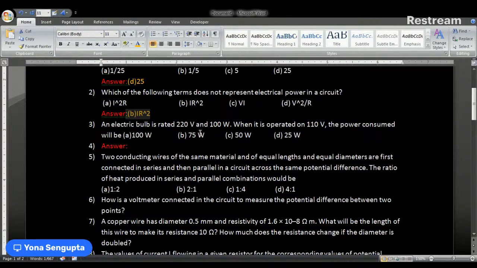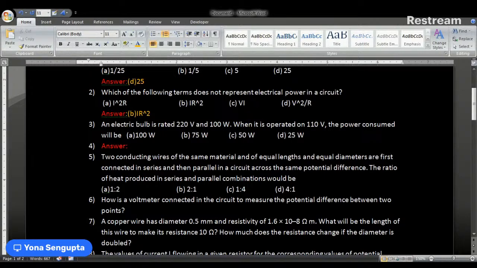When it is operated on 110 volt, what will be the power consumed? Will it be 100 watt? Will it be 75 watt? Will it be 50 watts or 25 watts?